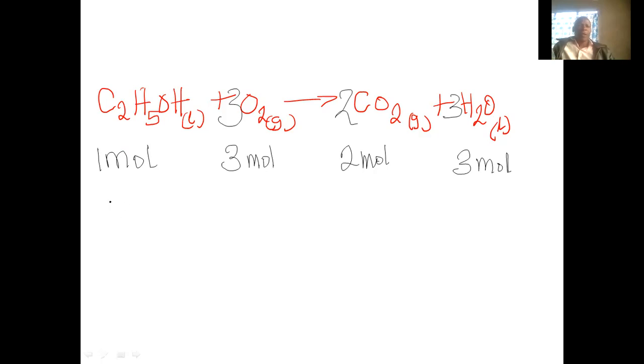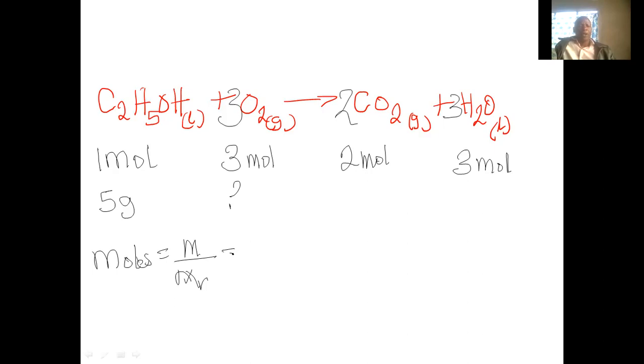We have been told that we have 5 grams of ethanol, so they want us to find the number of grams of oxygen that should react. We are familiar that moles is equal to mass divided by molar mass.